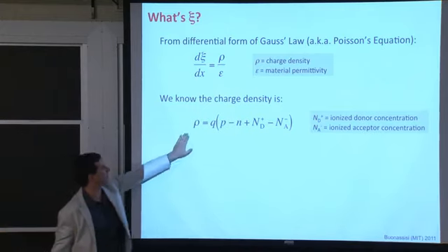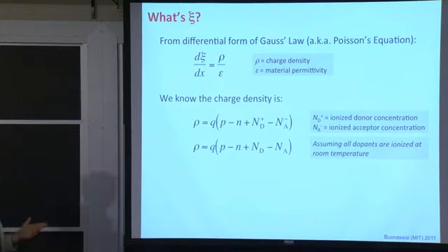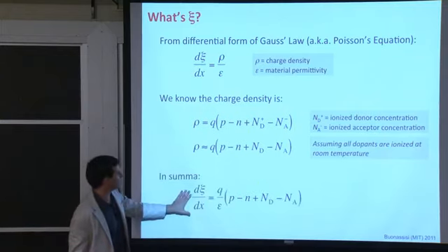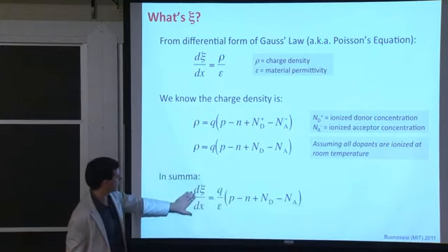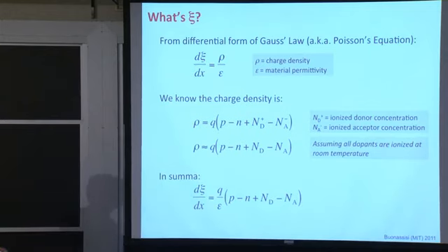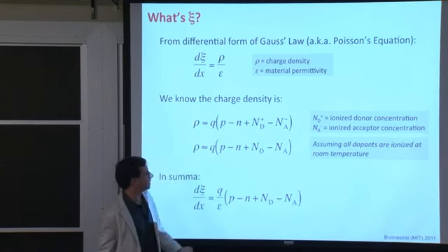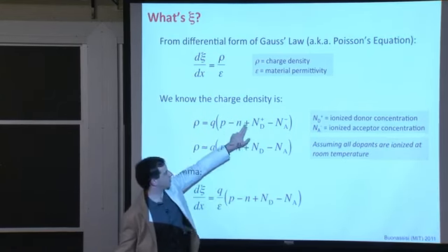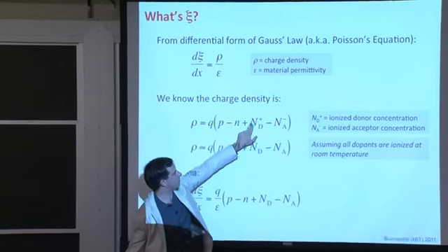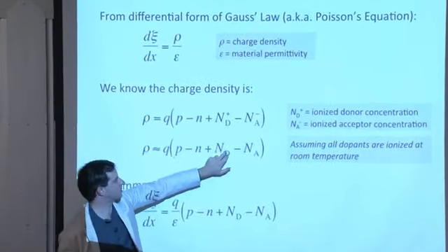That is our charge density, our rho, and that will figure into Gauss's law and allow us to calculate our psi. And so in sum, we have here our psi as a function of dx. We have an expression that relates the electric field to the density of dopant atoms inside of our material. Note that we made one critical assumption going from here to here, where we went from the ionized donor and acceptor concentration to the total dopant concentration.